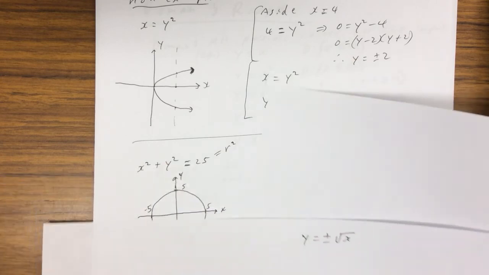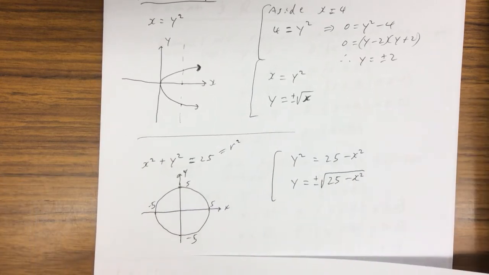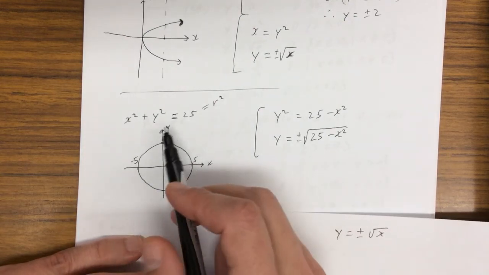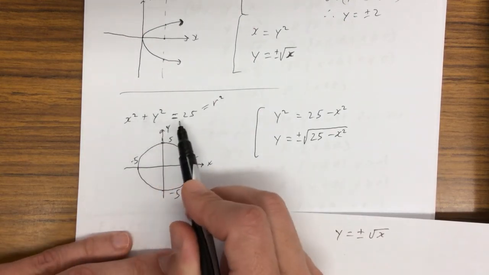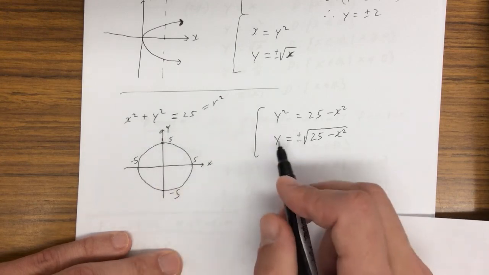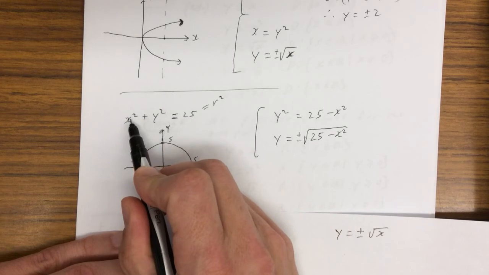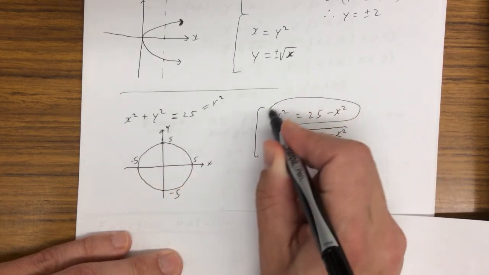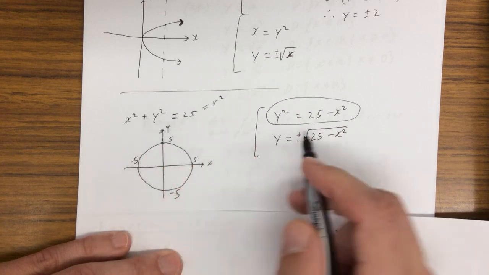Another one that is not a function is the circle. Okay? So we talked about this already. So x squared plus y squared equals 25, which is r squared. If you had to define this for y, well, you bring the x squared to the other side. So that's what we get here. Okay? It's the same thing as that.